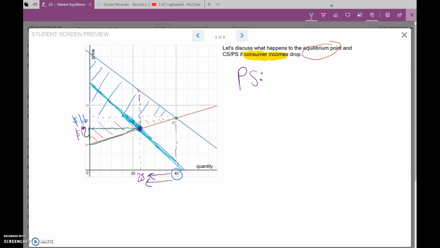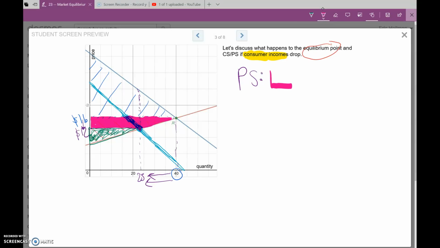This change was bad for producers. Consumers didn't have as much money to buy their goods, so the producer surplus got smaller. The change in producer surplus is this trapezoid right here. You could also do original triangle minus smaller triangle. You get the same area.